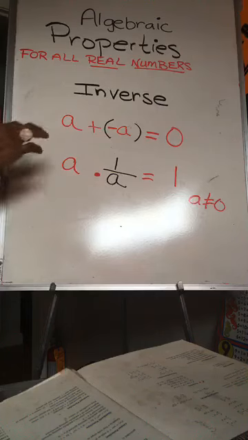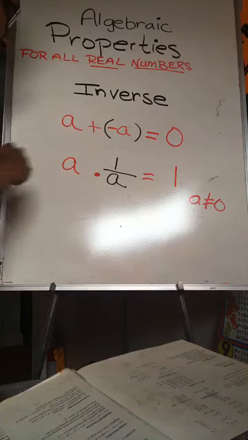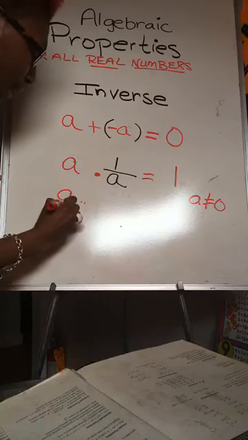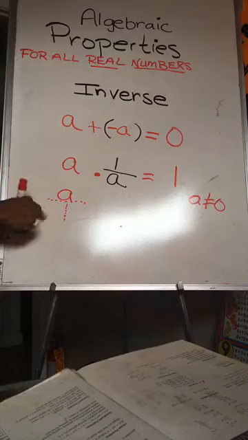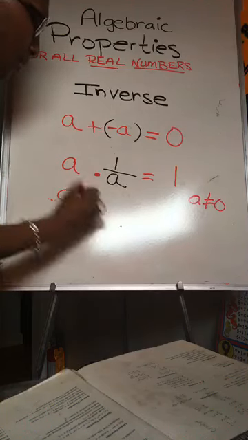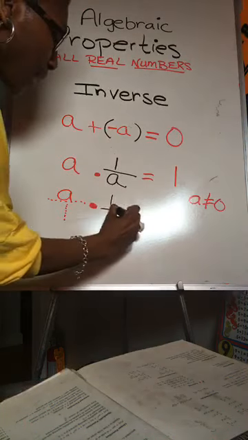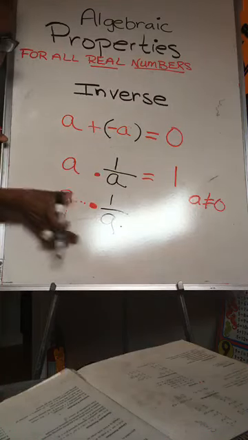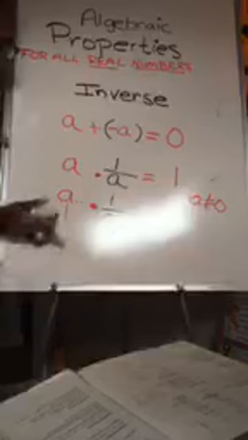So let me just kind of break this down. I'm going to rewrite this. This is really saying A divided by an invisible 1 times 1 divided by A. So you really have like an inverse of this, the reciprocal of this fraction.